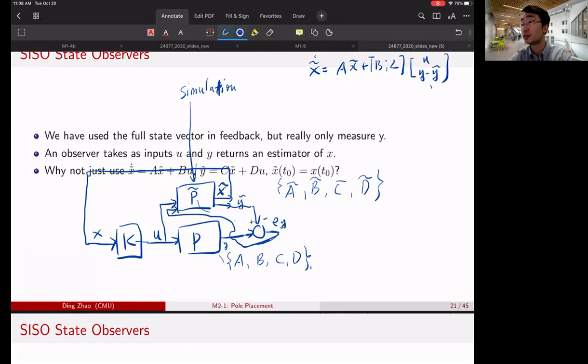This concatenate thing will be our new u, and the output is just x tilde and y tilde equals to I n, that's our new C, x tilde plus 0 n D u. So this is what this system does. This is our observer.